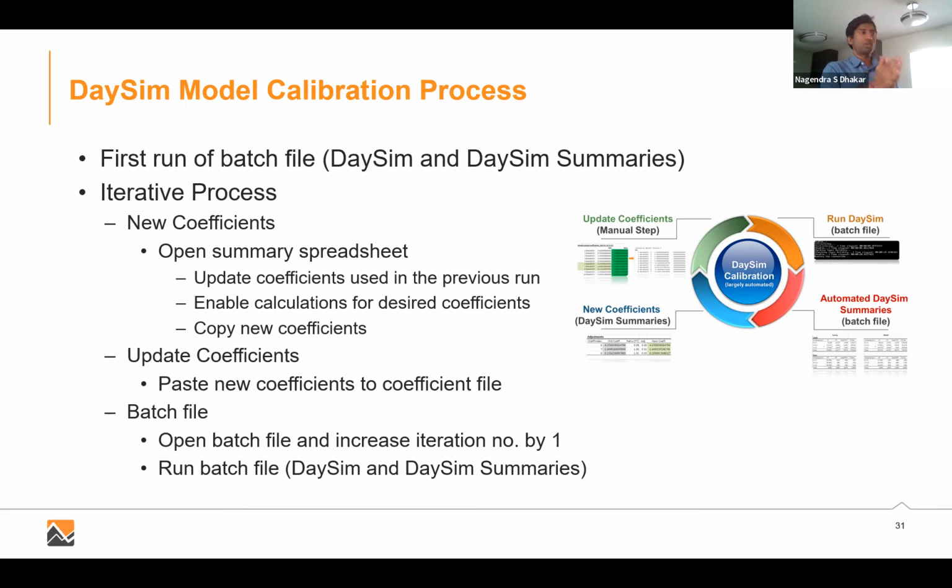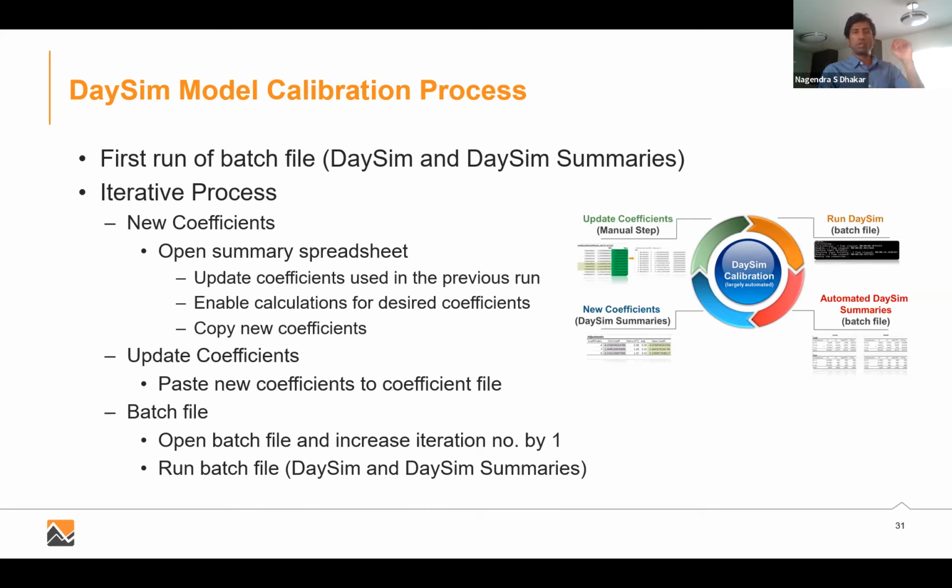Then you will go to the folder of the current iteration, which is CR0, and open the summary spreadsheet, which will be copied from the DaySim summaries by the batch file. You open that, look at it, and calculate. In every spreadsheet, there could be multiple tables for recalculating coefficients, depending on what you want to recalculate.